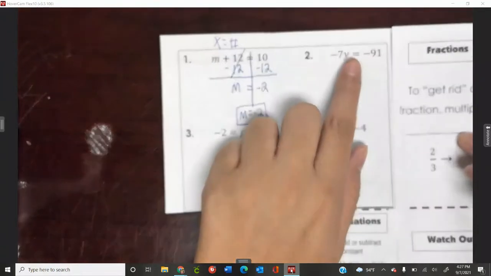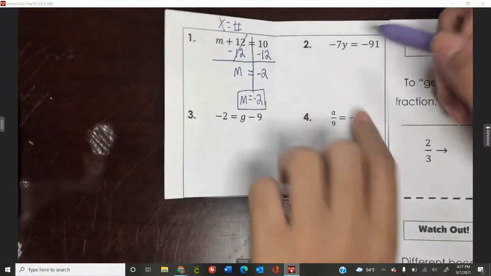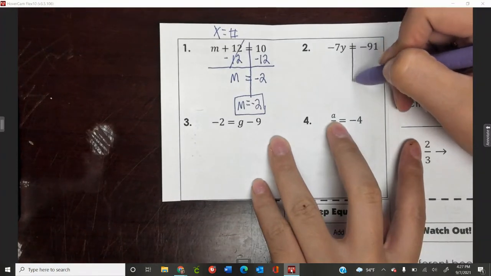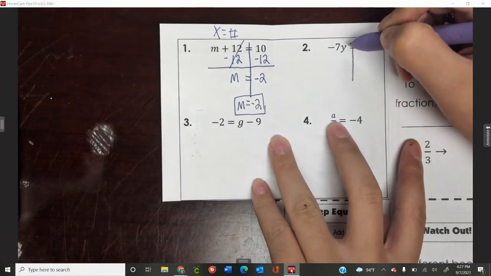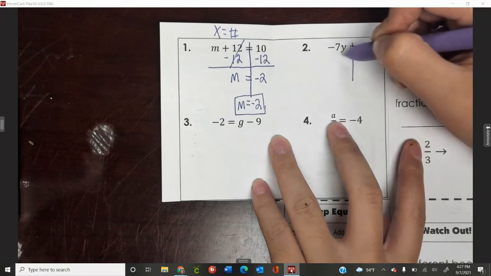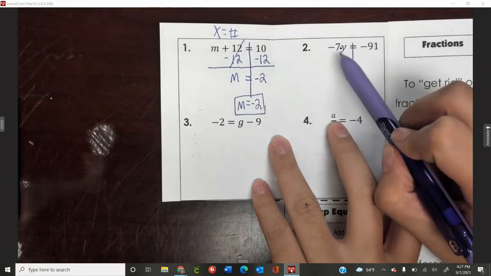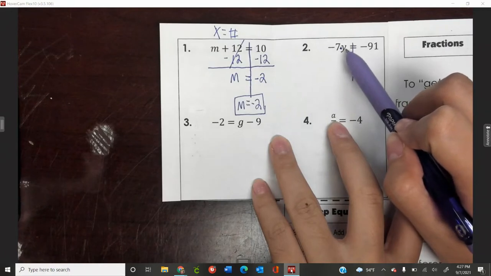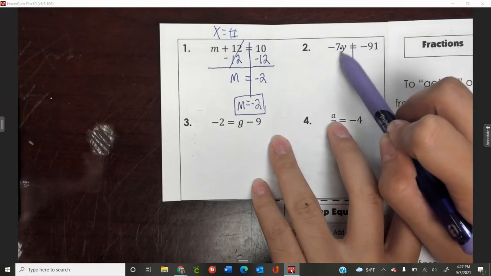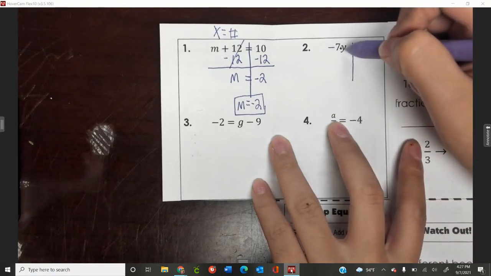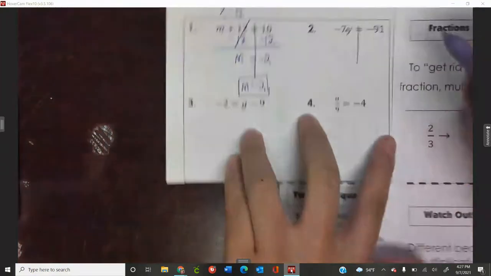Okay, then we have number 2. We have negative 7y equals 91. So here I'm going to draw a line down the middle. Right now I do not have anything being added or subtracted to my variable, but my variable is being multiplied by negative 7. Whenever you have a coefficient and a variable together, they are being multiplied. So to undo multiplication, we do division.